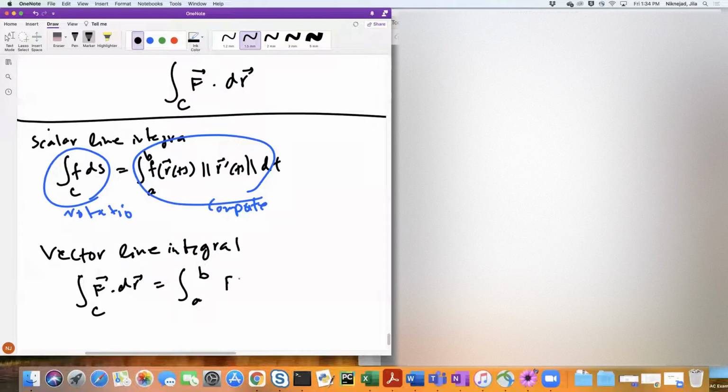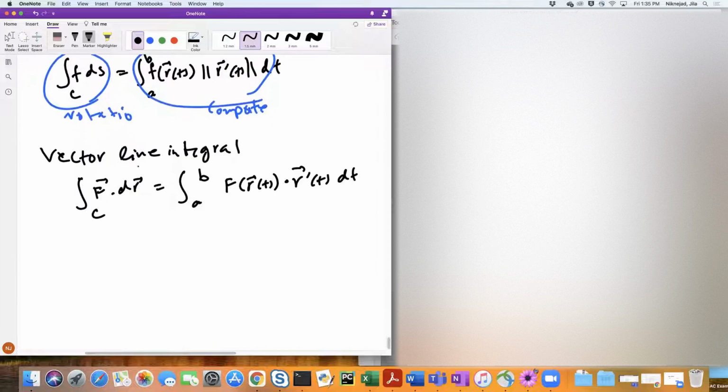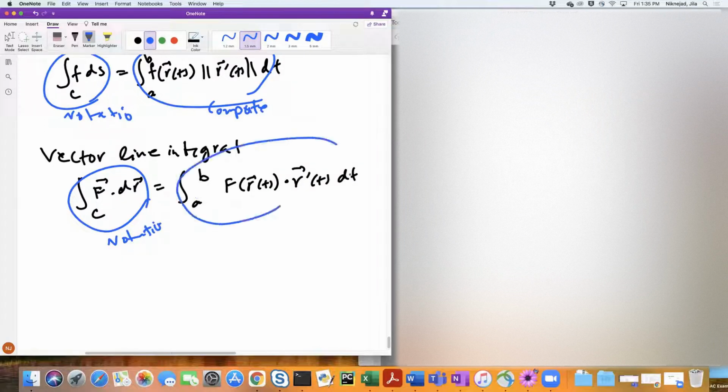And then this is how you compute it. And so this is, again, notation. And that's the computation.